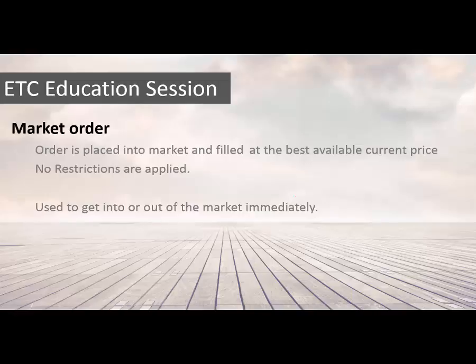A market order. A market order is placed into the market and filled at the best available current price. So it's an order that you don't impose any restrictions on. It's really just a matter of placing either a buy order or a sell order, in which case, in the case of a buy order, your order goes directly into the market.